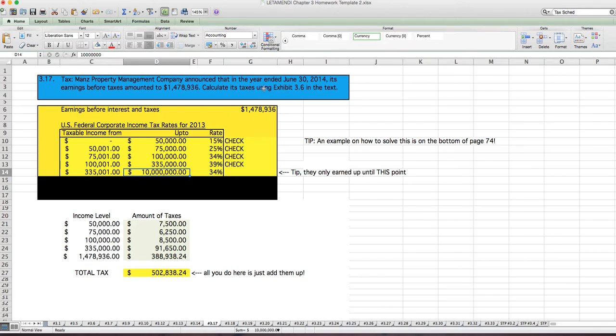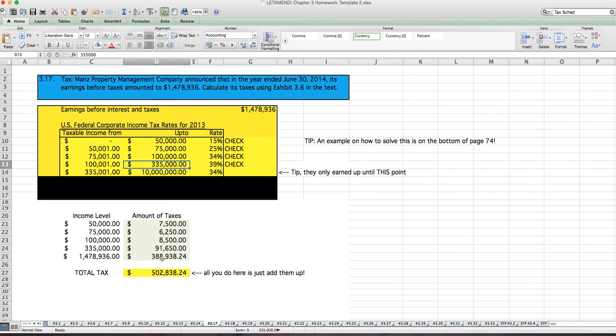So it would not be fair to charge this company taxes on $10 million. It just wouldn't be feasible. So they're only going to be taxed on the difference between this last level where it ended and their $1,478,936, and that's it, right?